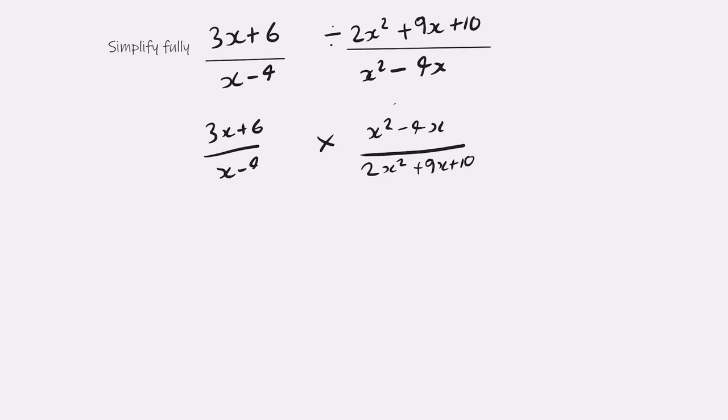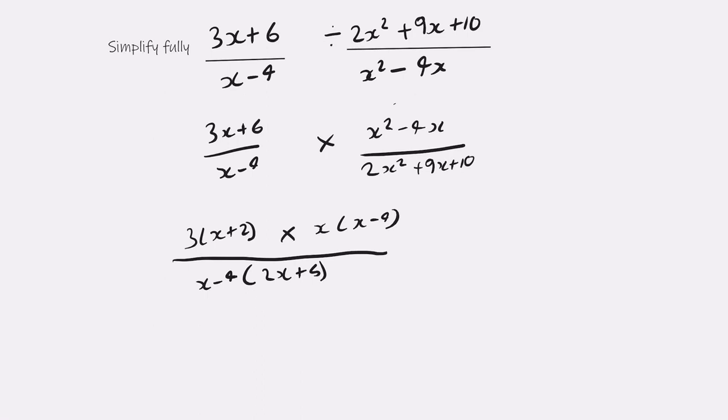Now we try to factorize as much as possible. The 3x plus 6 could be 3 brackets x plus 2, times x squared minus 4x, which could be x brackets x minus 4. We divide that all by x minus 4, and we factorize the other part, the 2x squared plus 9x plus 10, which would be 2x plus 5, x plus 2.